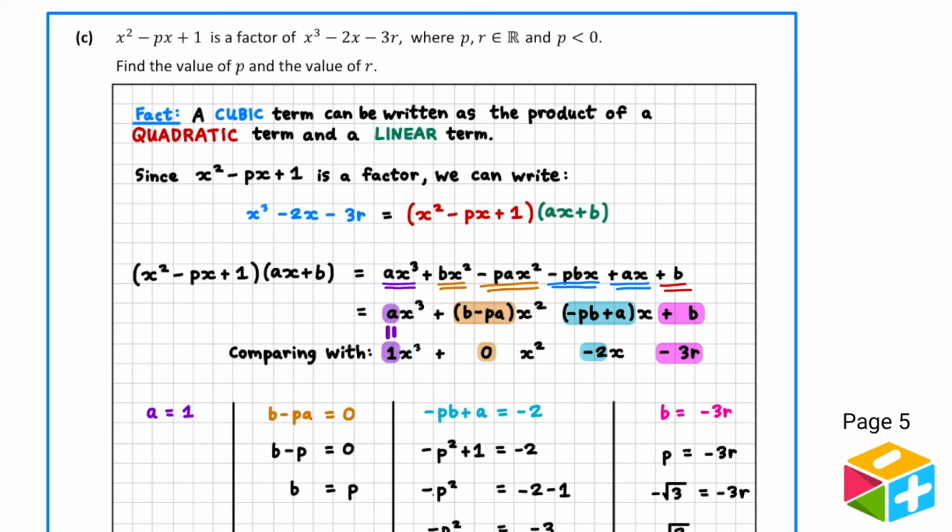Matching the x squared term gives us b minus pa is equal to 0. Matching the x term gives us minus pb plus a is equal to minus 2. And matching the constant term gives us b is equal to minus 3r. We can use these equations to find the value of p and r.